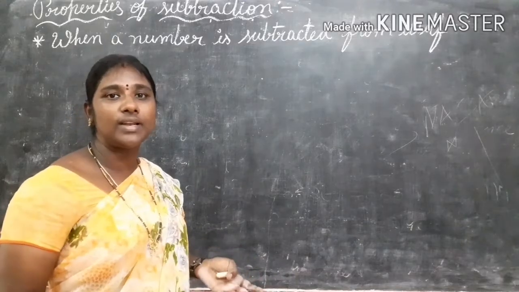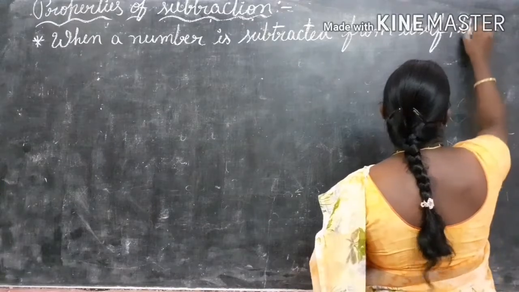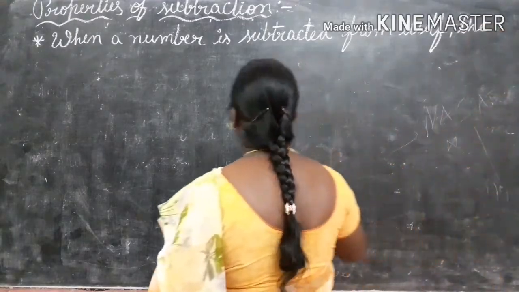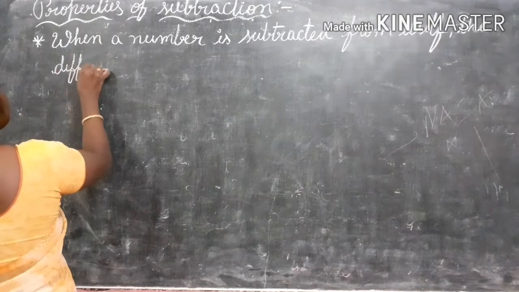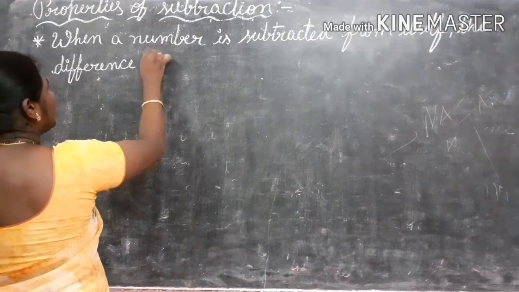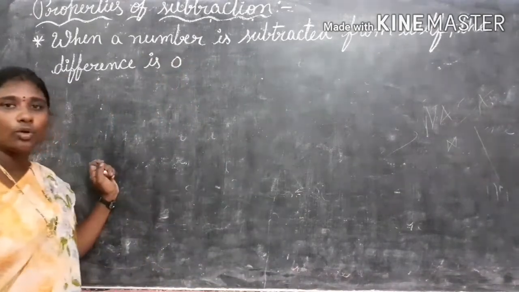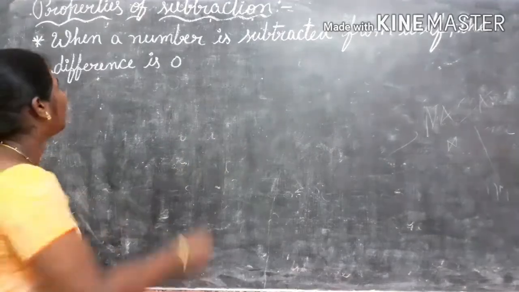The difference we will get is 0. The difference is 0. If we subtract the number from itself, the difference is 0.